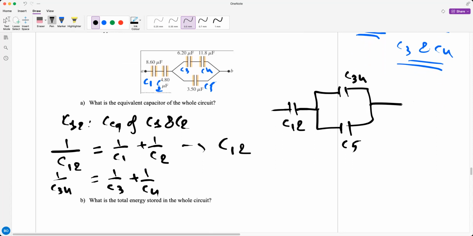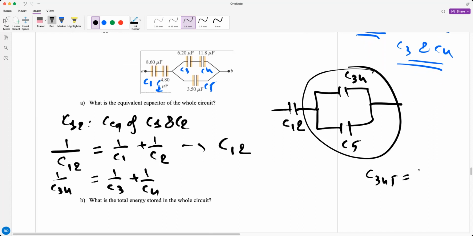Now the next step is to see that C34 and C5 are in parallel. This means that the equivalent, which I will call C345, will be the sum of both of them.